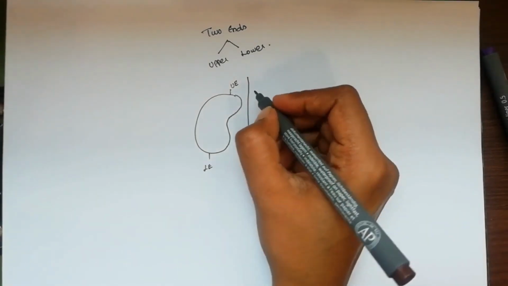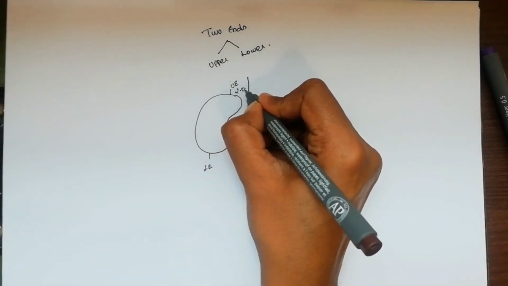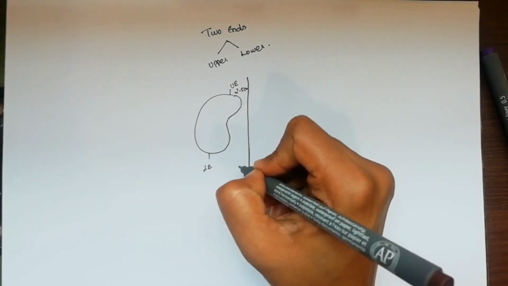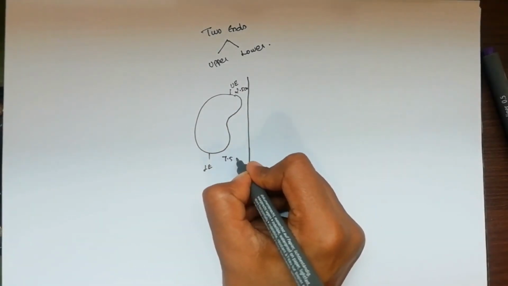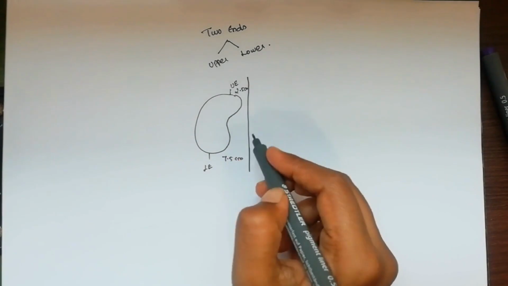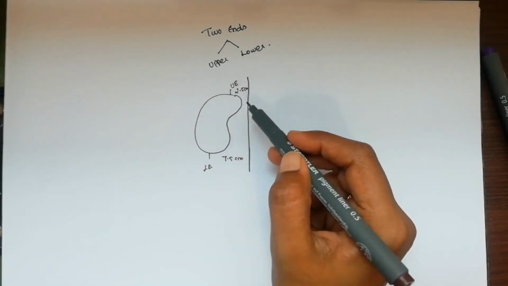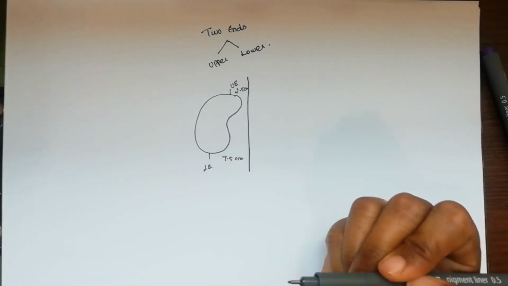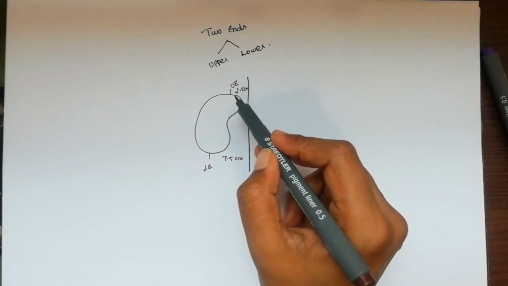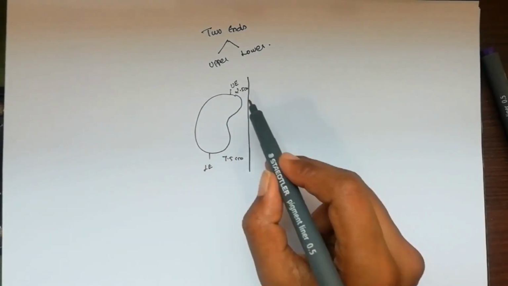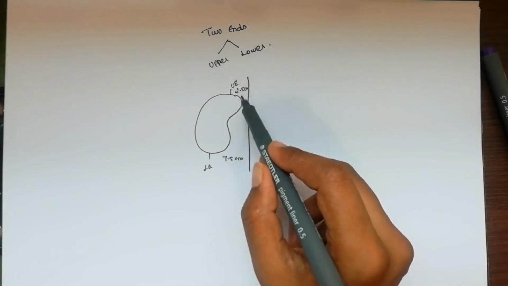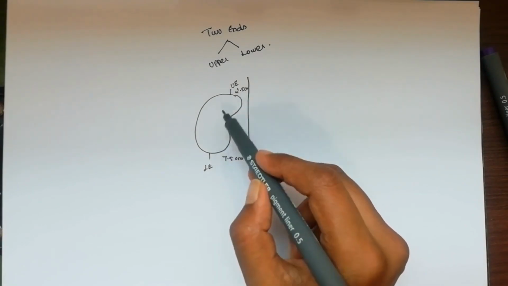So from the medial plane, the upper end is about 2.5 cm and the lower end is about 7.5 cm in length. And here the upper end is thicker and rounder compared to the lower end. So these are the distances we have got to calculate for the ends of kidney.